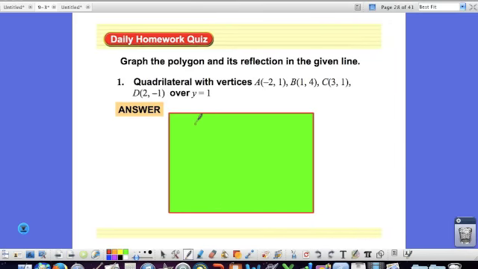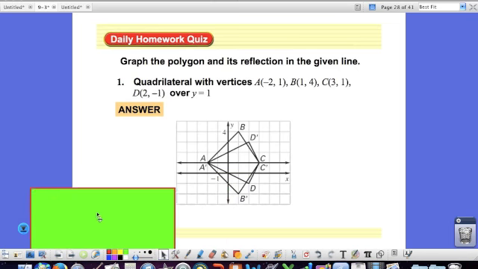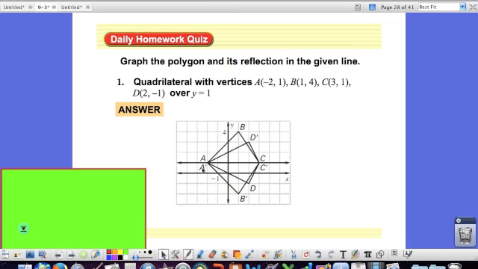Daily homework quiz. Graph the polygon and its reflection in the given line. So you're going to graph this over y equals 1. Let's look at the solution so that you have this whole graph here. So the original A would have been at -2, 1.